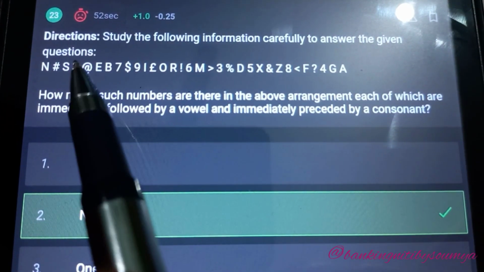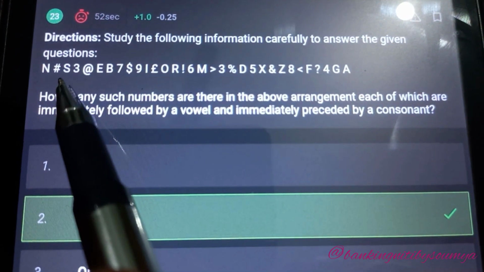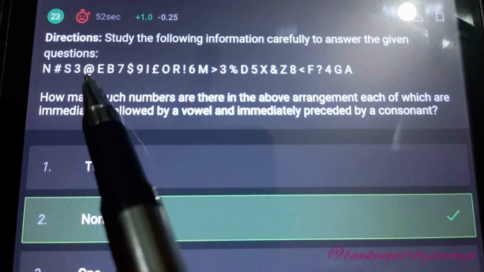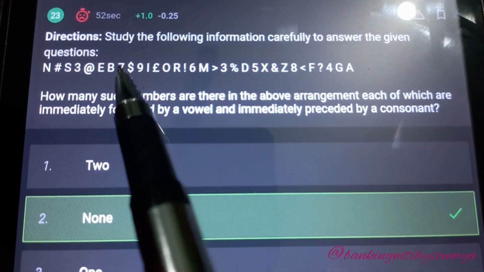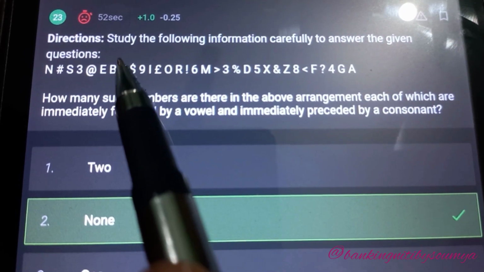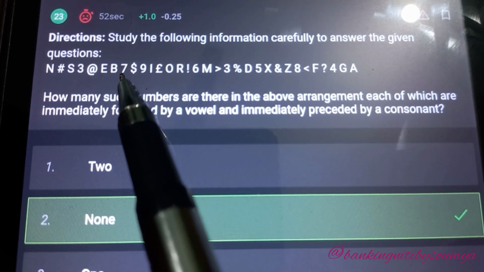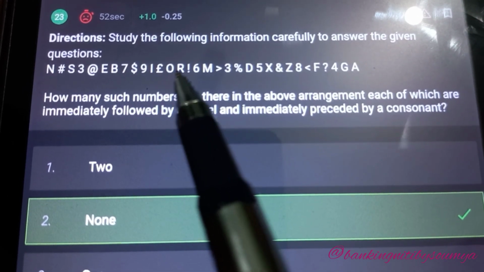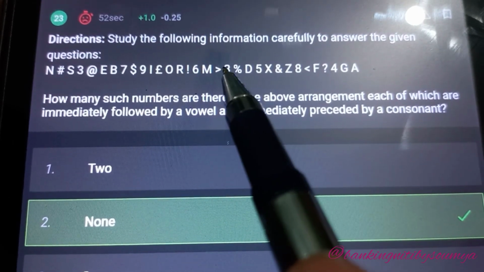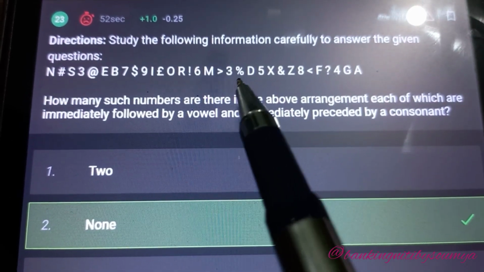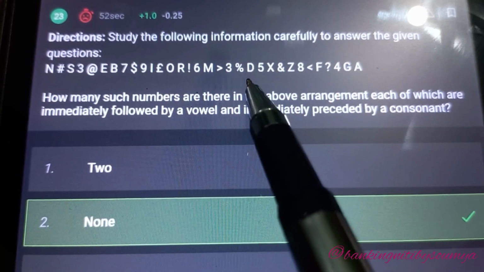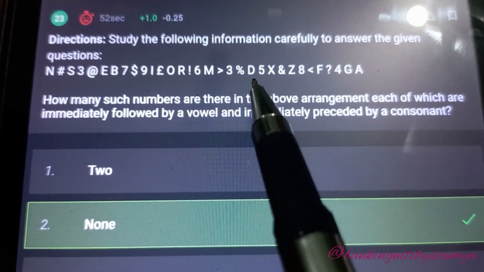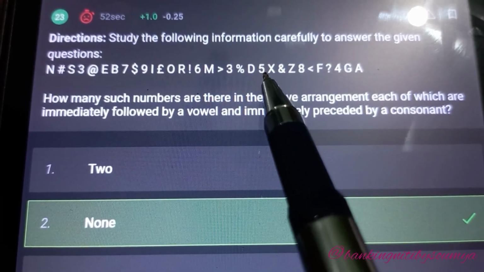Here it is a number, but it is preceded by a consonant and not followed by a vowel. Next number is 7, preceded by a consonant but not followed by a vowel. Next number is 9, not preceded by a consonant. 6 not preceded, 3 not preceded by a consonant. 5 is preceded by a consonant but not followed by a vowel.